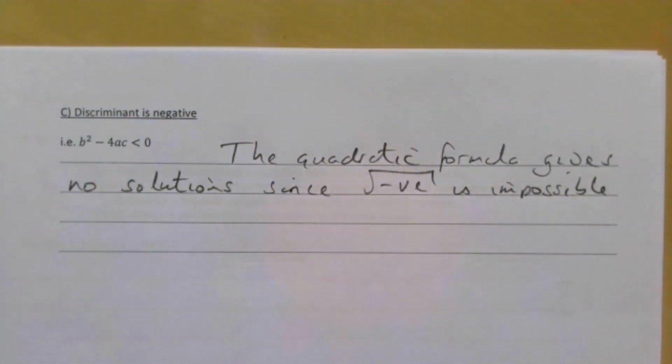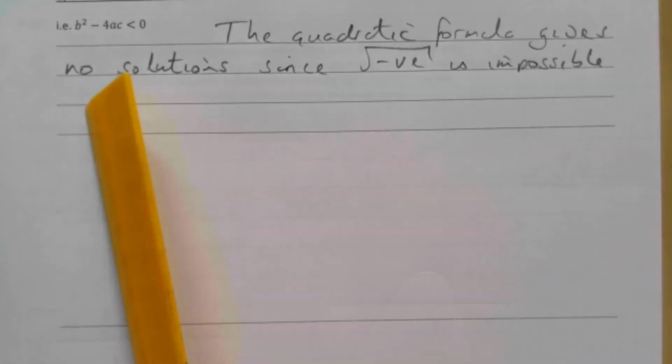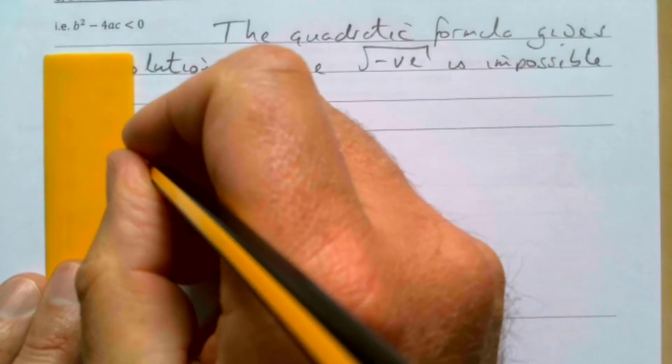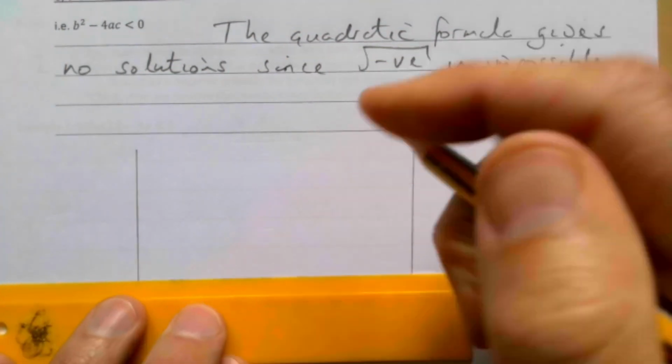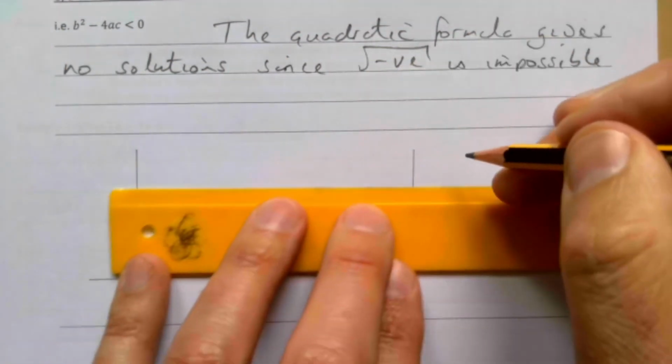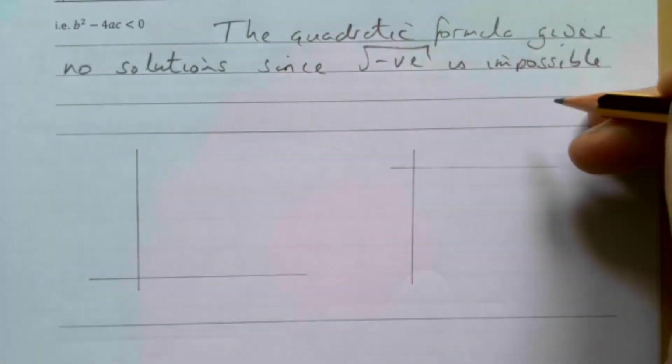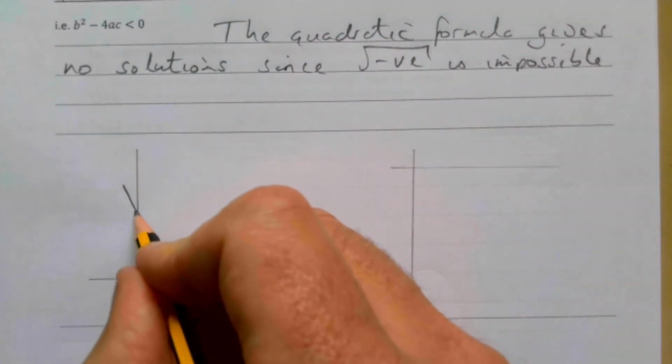Anyway, so again, how would those ones look? Let's take a wee look. A quick sketch of our graphs. If there are no roots of this quadratic, then it just doesn't touch the x axis, so it must look like that.